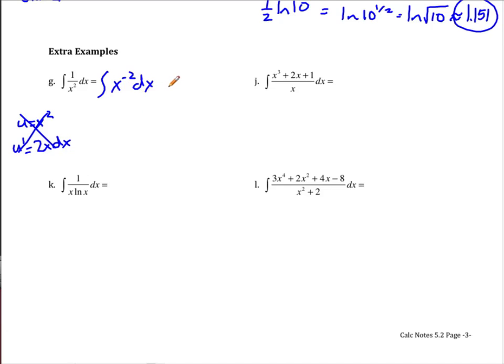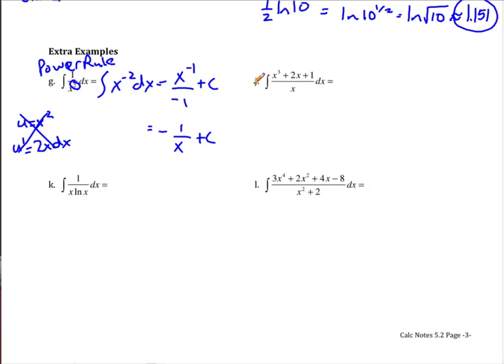Hey, that's totally going to work. And so this is going to equal x to the -1 over -1 plus c, which is -1 over x plus c. So be on the lookout. We can always use the power rule when this exponent is not 1.